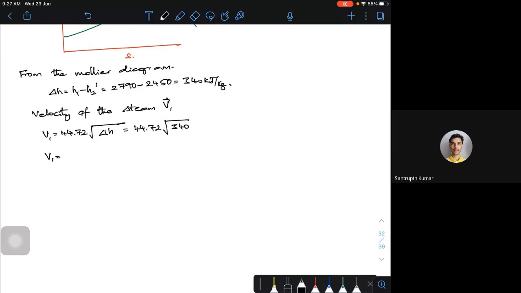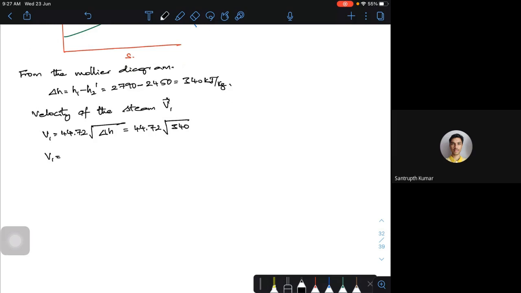No, here it is a different thing. Here, this is actually V2. What we are trying to find is V2, the velocity at the exit of the nozzle. That is the V1 for the turbine wheel, the rotor. This is the velocity of the steam.